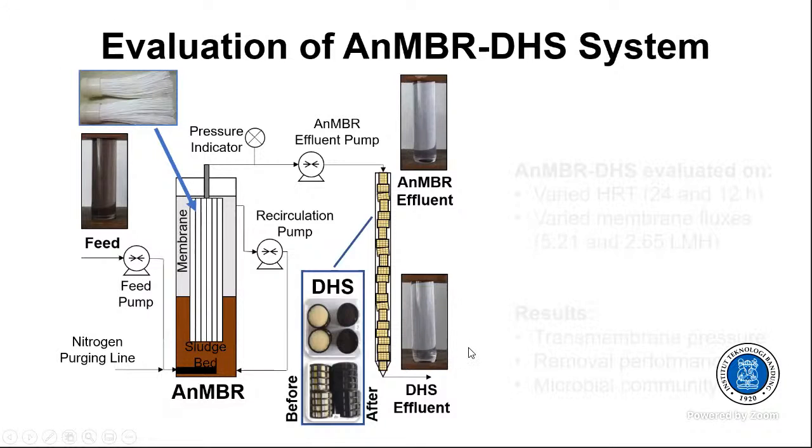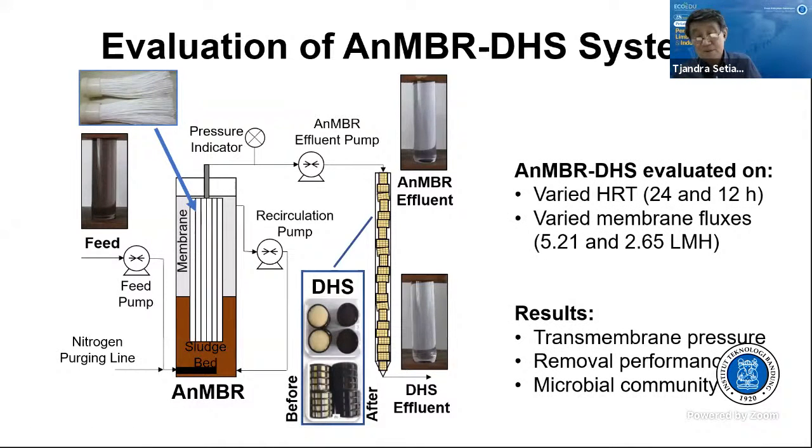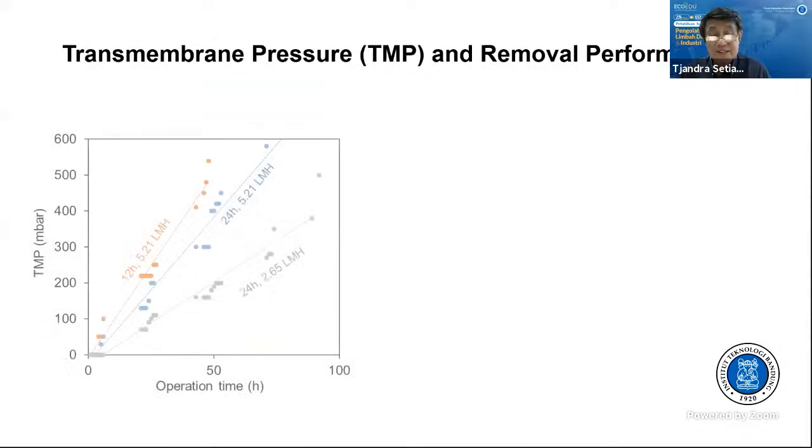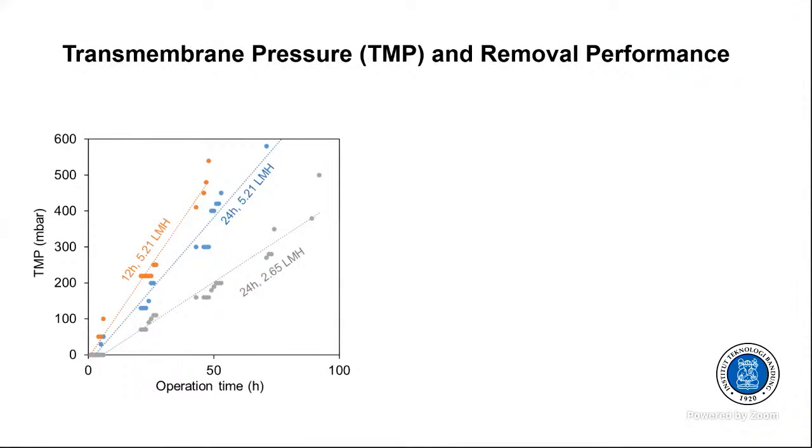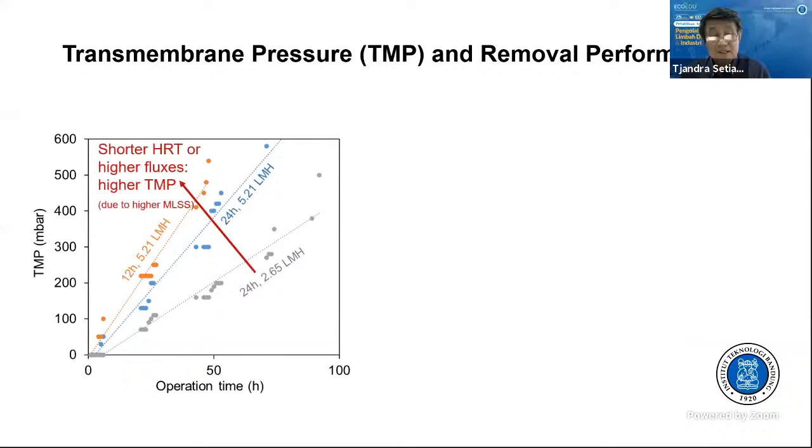Basically we are using different HRTs and also different fluxes. The flux is relatively low, between 2 and 5 liters per square meter per hour. I will show you briefly that the anaerobic membrane bioreactor has potential as an anaerobic system.